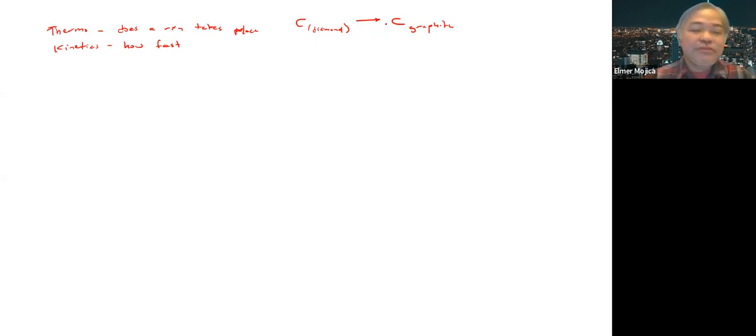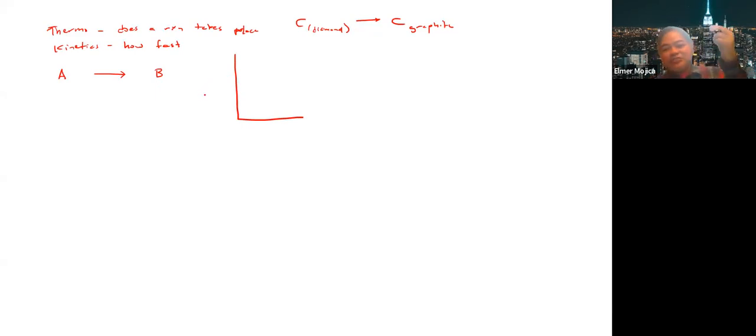Now, whenever you look at kinetics, you look at the change in your reactant and product with time. So you start with A, and after some time, when A starts to produce B, what happens to the concentration of A?